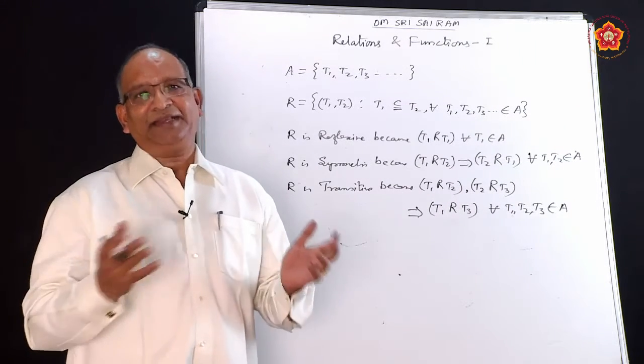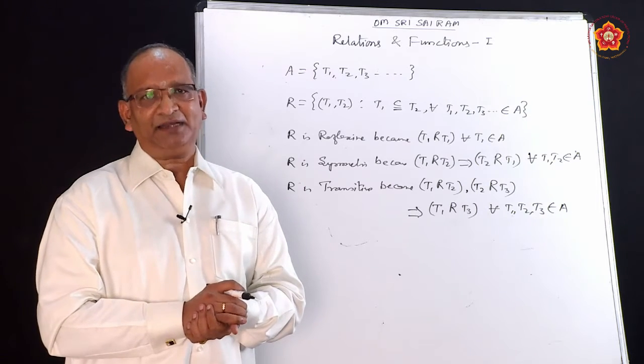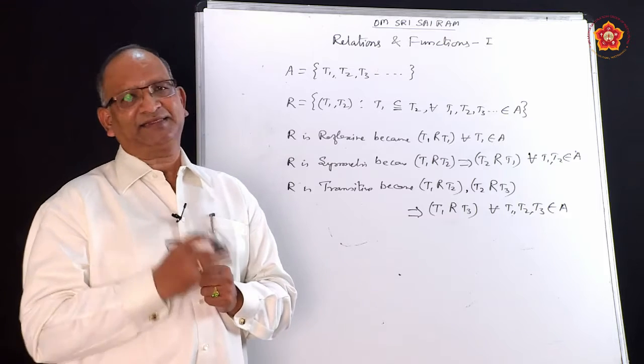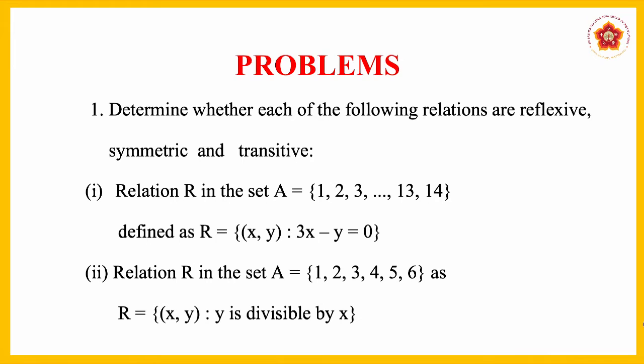These are various types of relations which we study in this particular chapter, and now we will take up problems of the first exercise of this particular chapter. We will solve some of the problems in order to understand these concepts well. Okay.